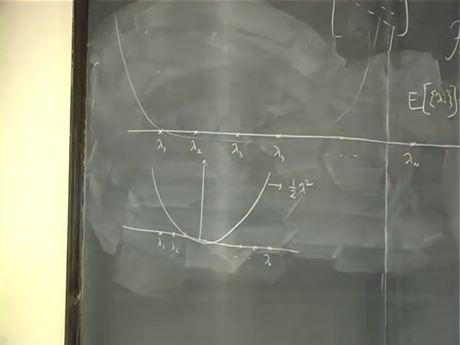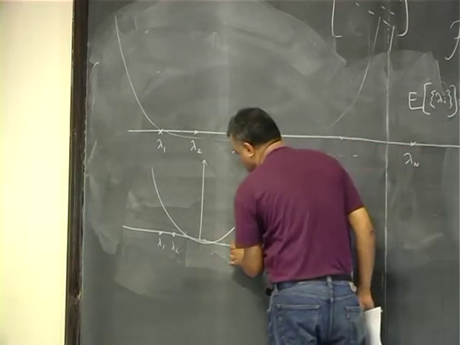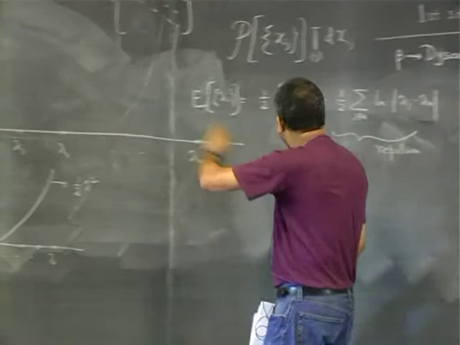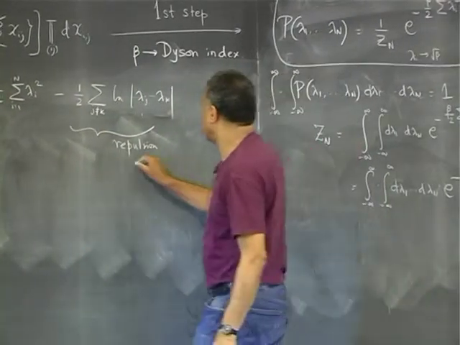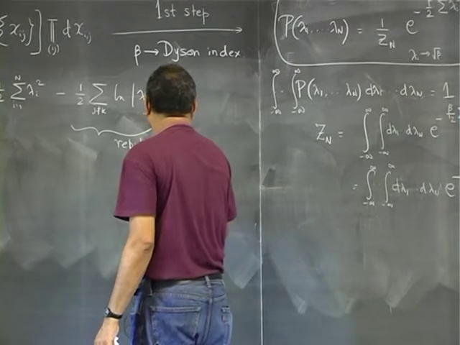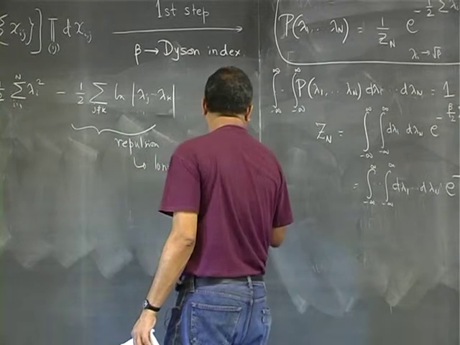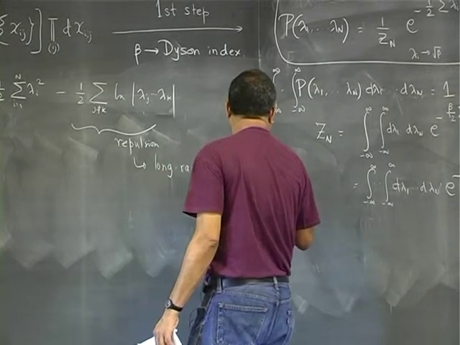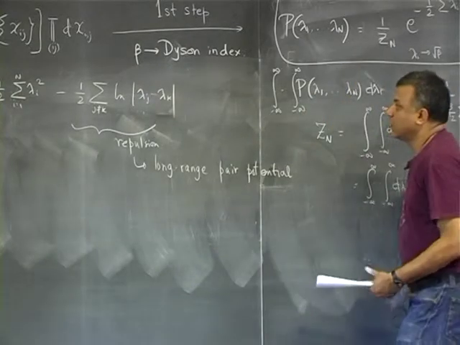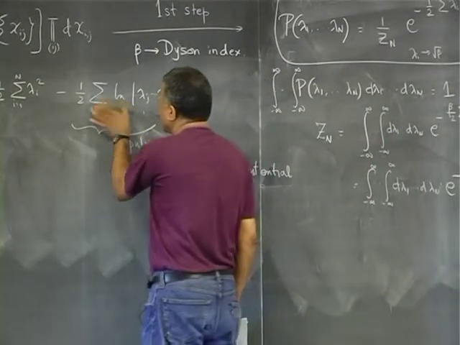So this term says that there is a repulsion. This is exactly analogous to this in this language here: there is a repulsive term. Between any pair of particles, they don't have to be nearest neighbors, there is a long-range interaction, and they are repelling each other by this logarithmic interaction.